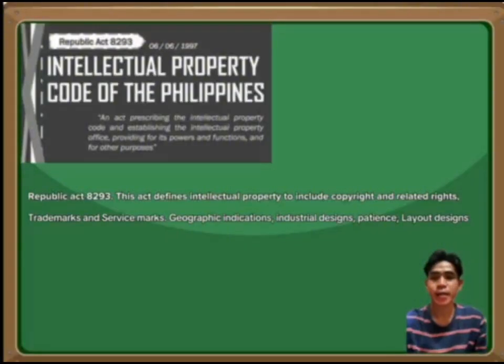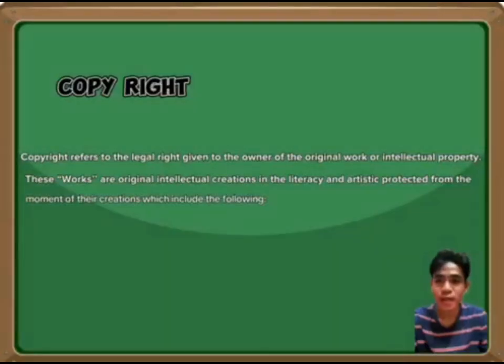Republic Act 8293 defined intellectual property to include copyright and related rights, trademarks and service marks, geographic indications, industrial design, patents, and layout design. When we say copyright, it refers to the legal right given to the owner of the original work or intellectual property.